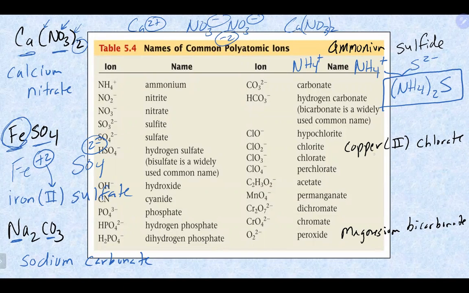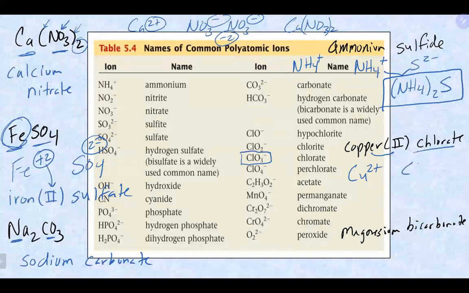Looking at the next one, I see copper Roman numeral 2, so that automatically tells me my copper has a +2 charge. Chlorate is this guy right here, and that is ClO3 -1. In this case, we're putting together -1 and +2. We actually need more of the chlorate, and we need 2 of them to get us to -2.